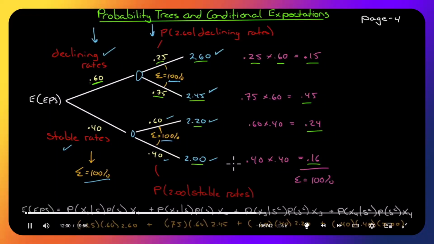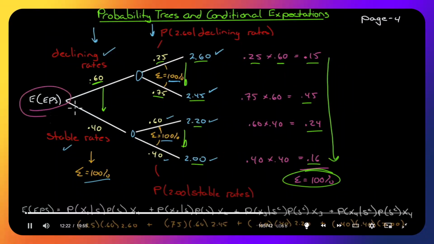These are the probabilities we saw earlier. Now, if our tree is constructed properly with 100% probability at each step along the way, the total of all of these, because we're multiplying everything, should also add up to 100%, and it does. We know we have a valid tree if everything adds up to 100%.